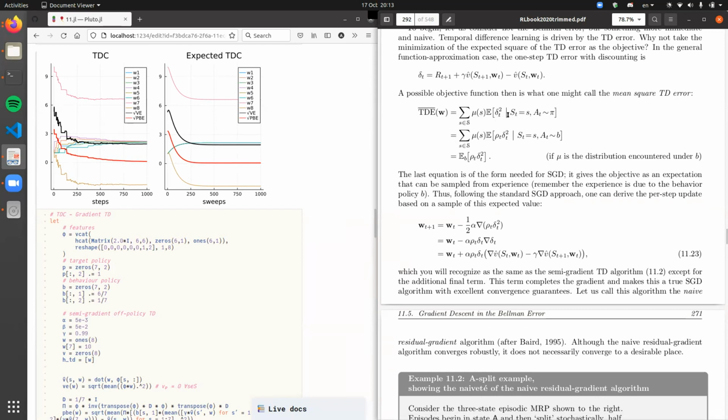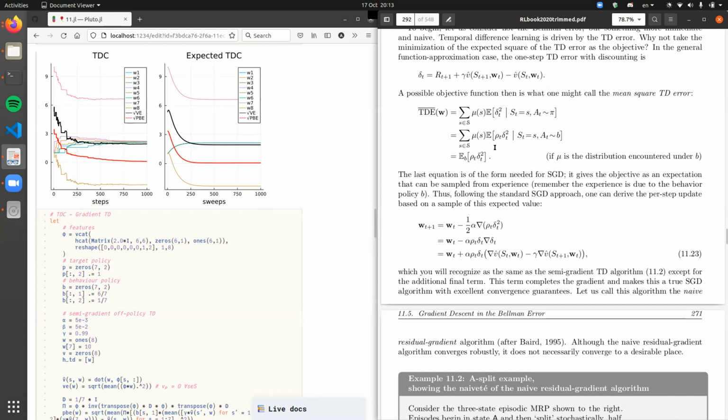Brief recap: the expected TD error would be a sum over all states of the expected square of this error, weighted by the distribution of states given by this mu.